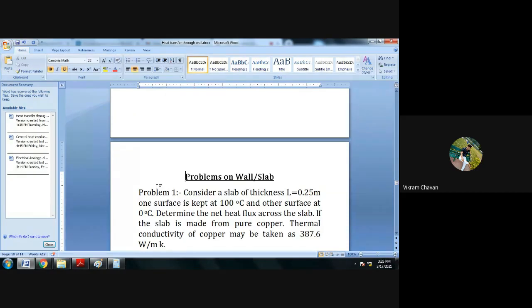One surface of that particular slab is kept at 100 degrees Celsius, and the other surface at 0 degrees Celsius.